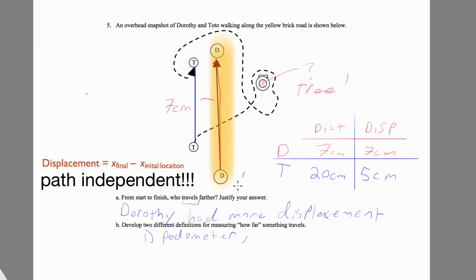If you're more interested in that person's experience, that would be distance. Definition 2 is path independent. It's a little less caring, maybe. Displacement, which has a mathematical definition.